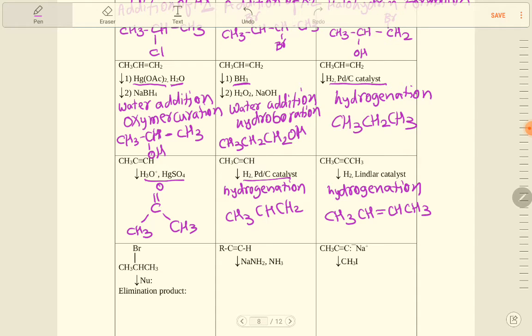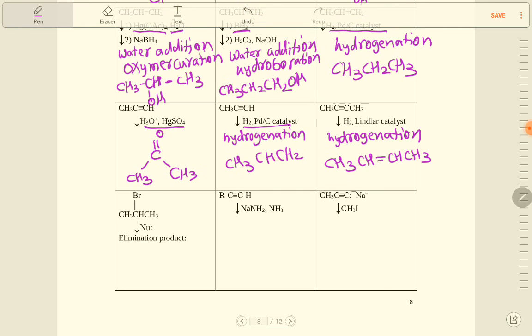So with 3 bonds, 1 bond breaks, and then on each carbon you are adding hydrogen basically. Elimination. So basically nucleophilic elimination, you need KOH. In elimination, it is an E2 reaction, and it gives CH2, CH, CH3. That is the product.